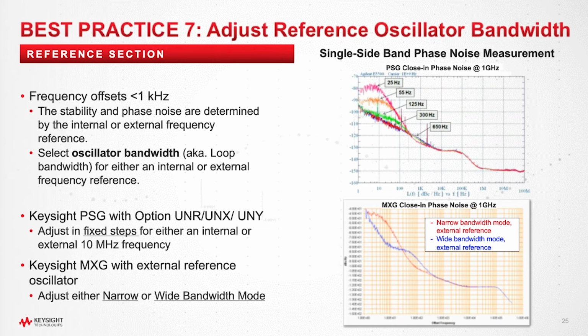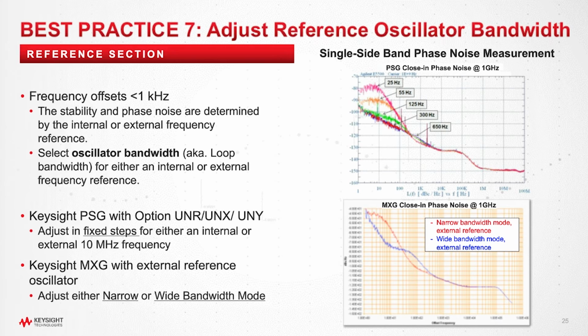The reference oscillator bandwidth, sometimes referred to as loop bandwidth, in a signal generator is adjustable in fixed steps, shown on the upper figure, with different colored curves for selected oscillator bandwidths for either an internal or external 10 MHz frequency reference.